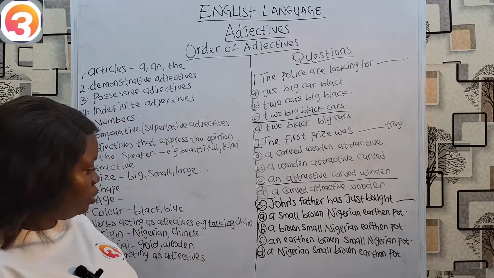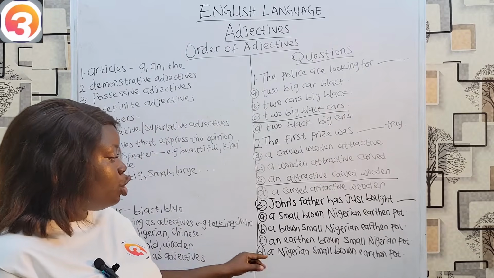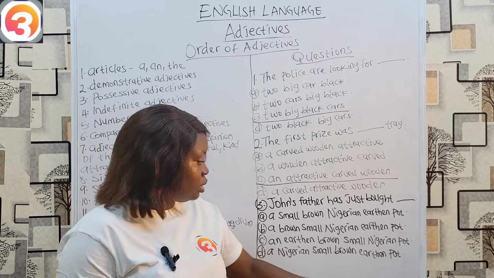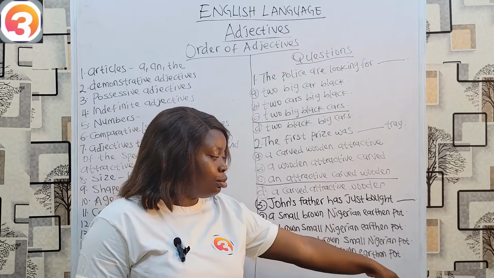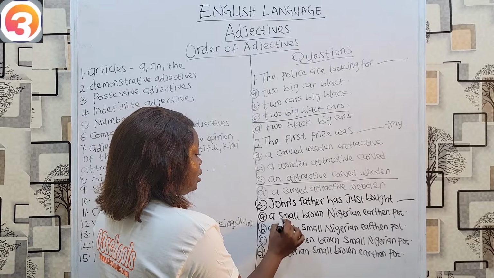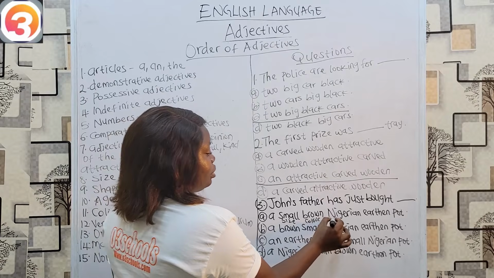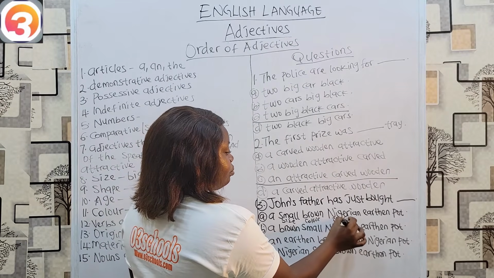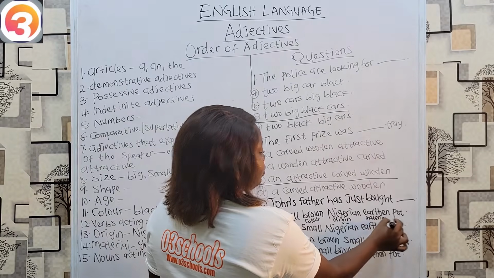So once again, in this question, the articles are already coming first in all the options. So we look at the other adjectives. Small, brown, Nigerian, earthen, pot. We leave pot. Pot is the noun being described. So small here indicates size, brown color, Nigerian origin, earthen the material the pot is made of.